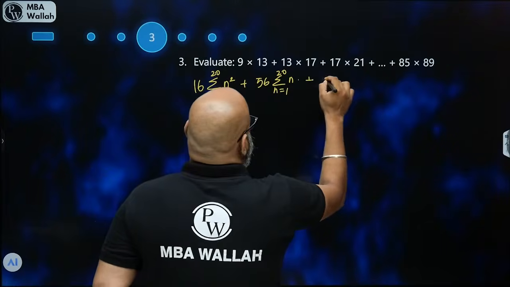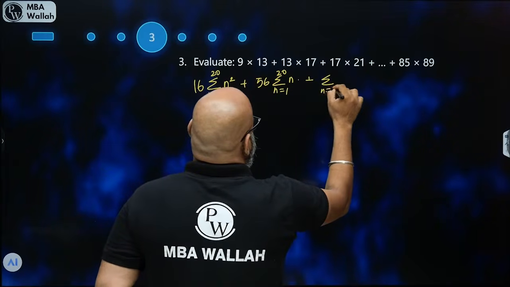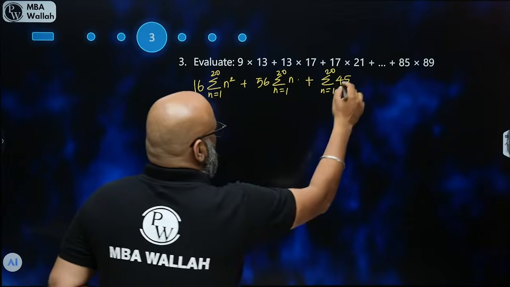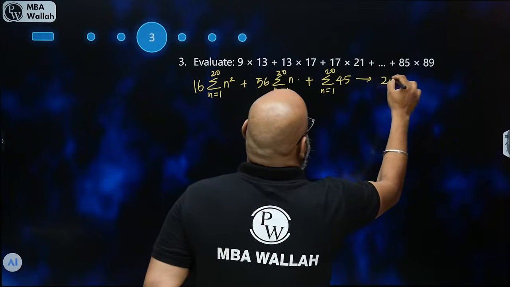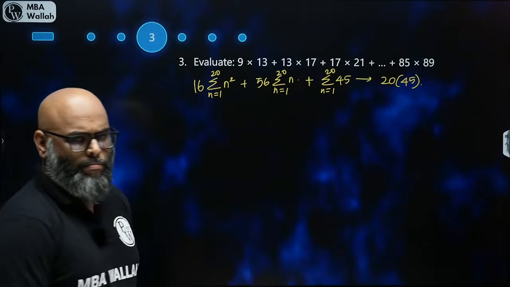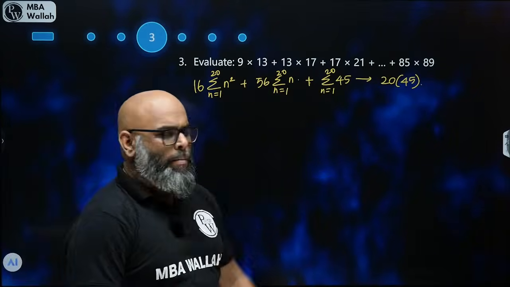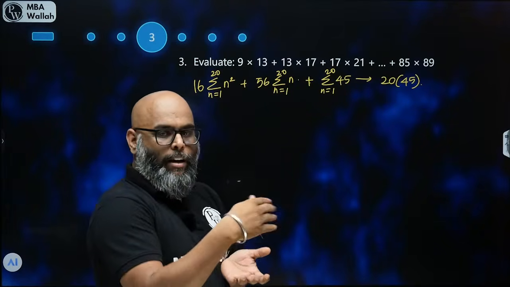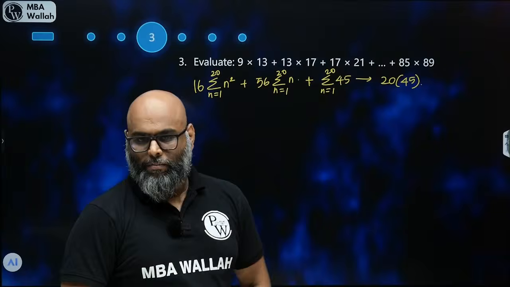And then plus summation of n equal to 1 to 20 of 45. So this will become 20 times 45, because we'll have to add 45 20 times. That's all. Nothing fancy about it.